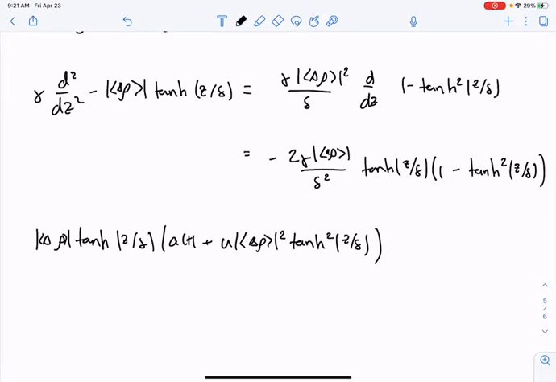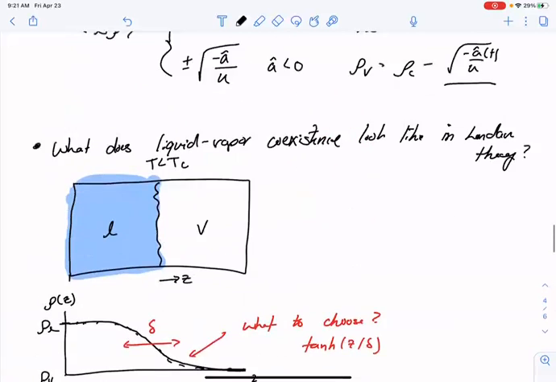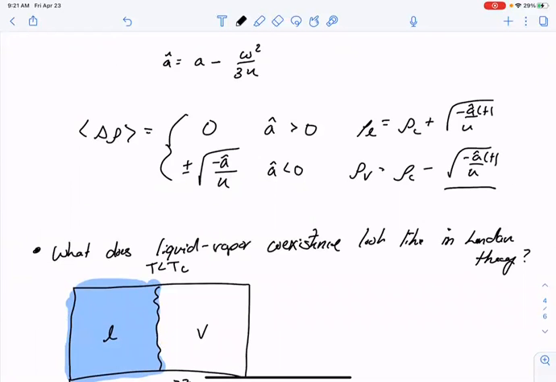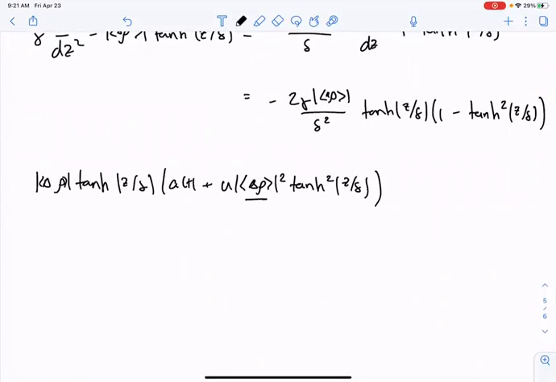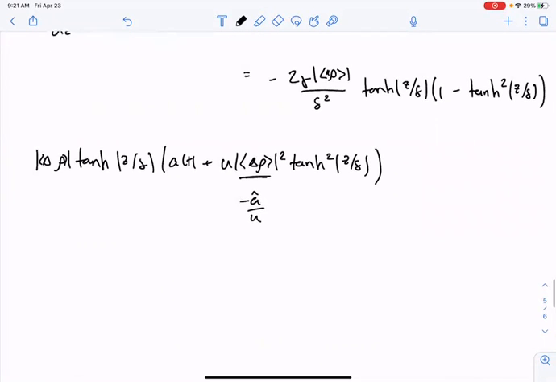Now, if we choose delta rho to be those coexistence densities, square root of minus A over U, we can substitute that back in here.